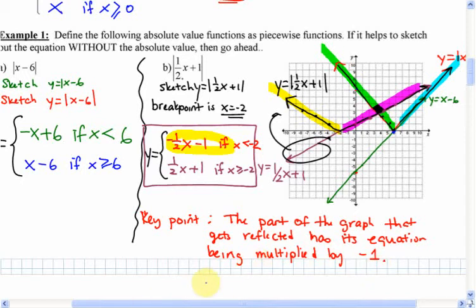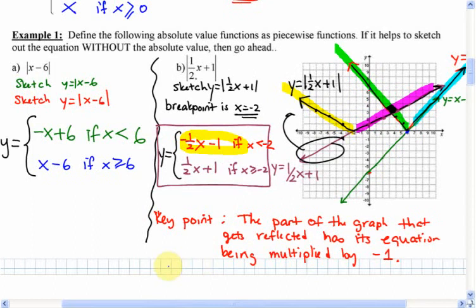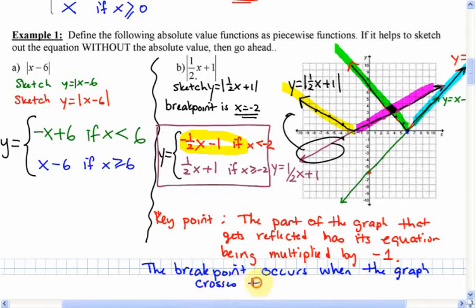That's right. So the last thing I want you to find here, and key point number 2, is that the breakpoint occurs when the graph crosses the x-axis.